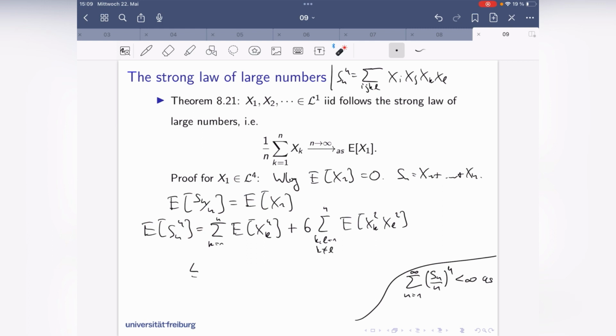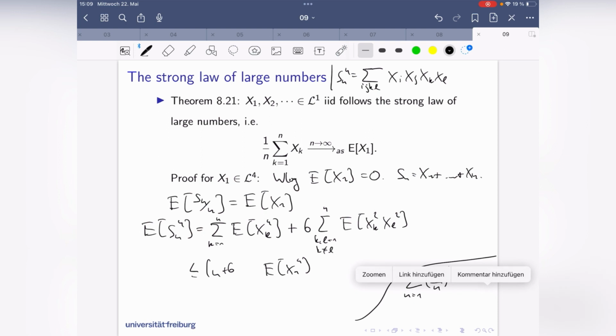And that means I can bound it from above by n times expectation x1 to the power of 4 plus 6 times. Well, having bounded this, I have to still count the number of things I have here.